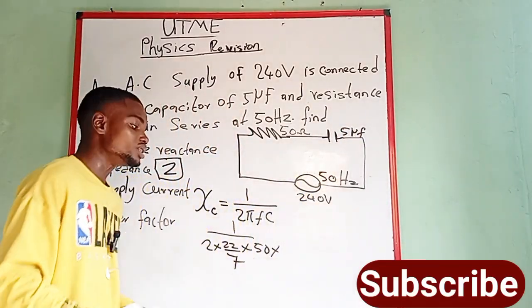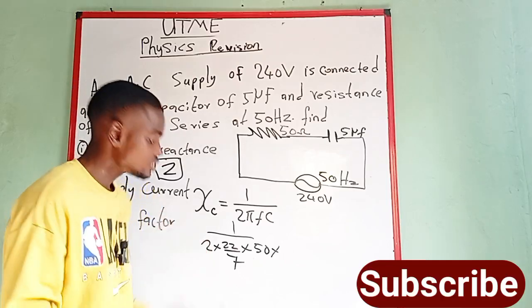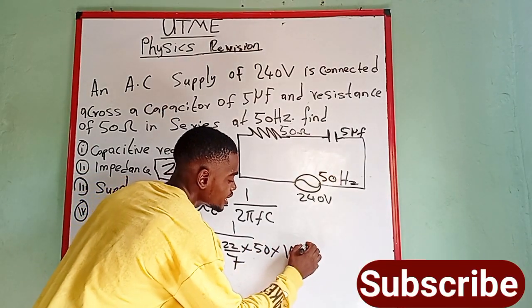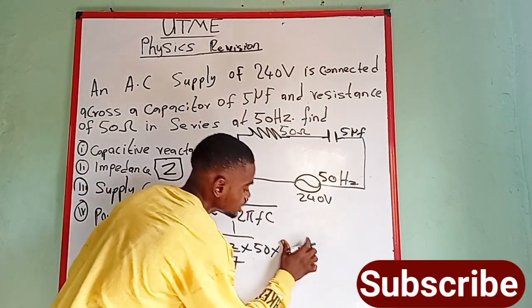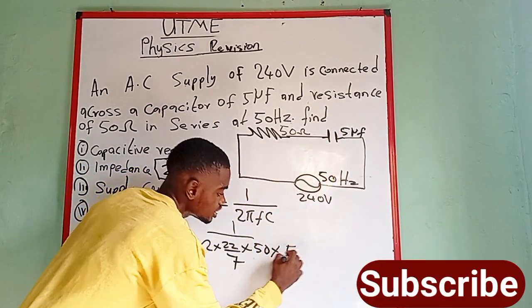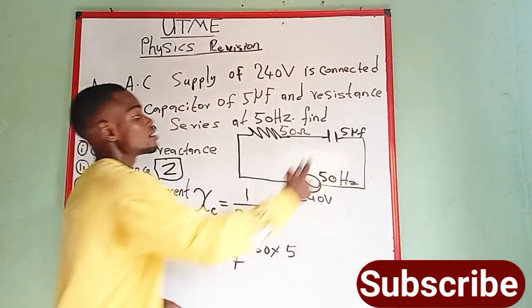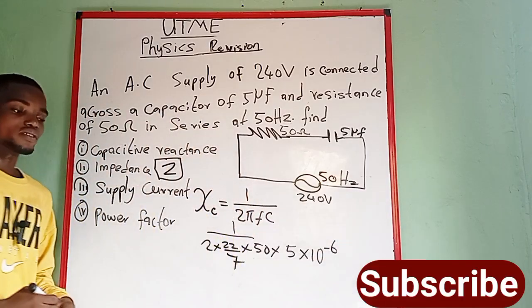Micro is a unit that is equal to 10 raised to power -6. So multiply by 10 raised to power -6. But here, let's put in the 5. So 5 is the capacitance, and because it is in microfarad, micro is times 10 raised to power negative 6.